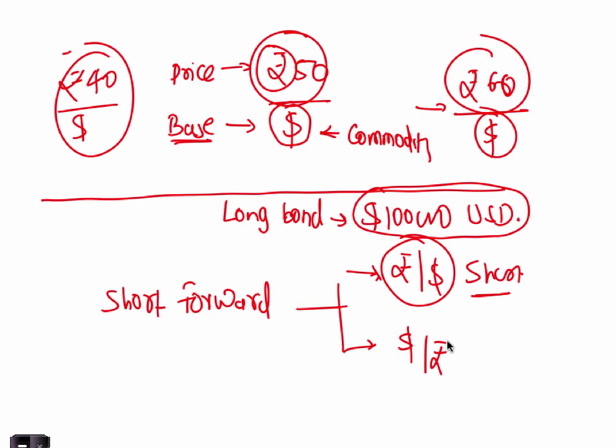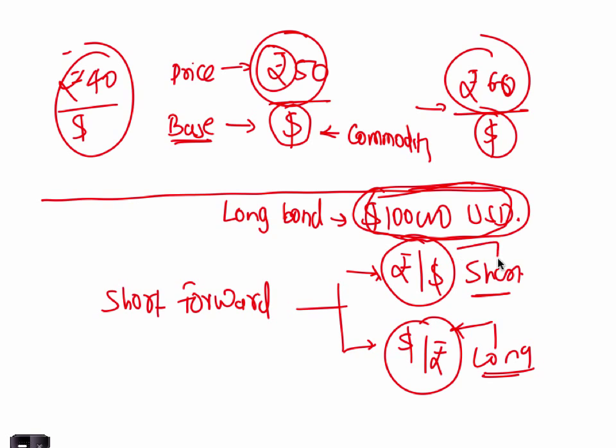But if the rupee is in the denominator, selling US dollars in future means buying rupees in future, and therefore in this particular contract I would take a long position. In fact, a long position on this contract is exactly the same as a short position on the other contract. So the rule of thumb is we always think from the perspective of the denominator.